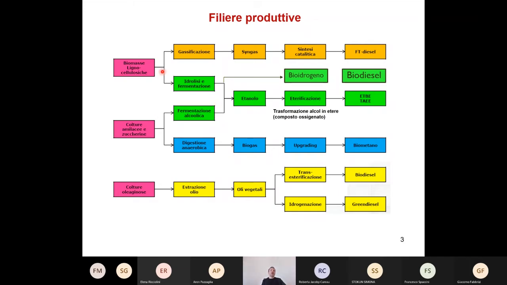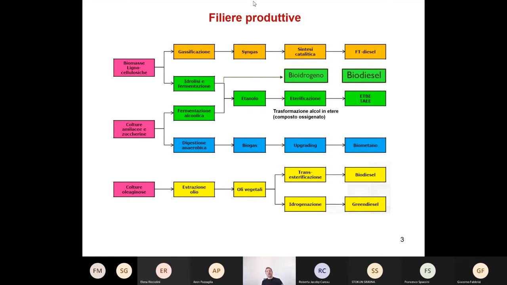Or you can move towards a thermochemical process. You should have the knowledge of gasification we talked about last lesson. From lignocellulosic biomass through the gasification process you obtain syngas, and last lesson we stopped here: syngas for energy production.